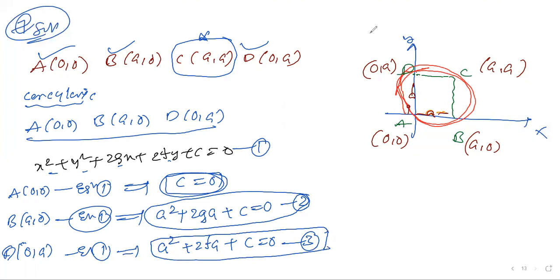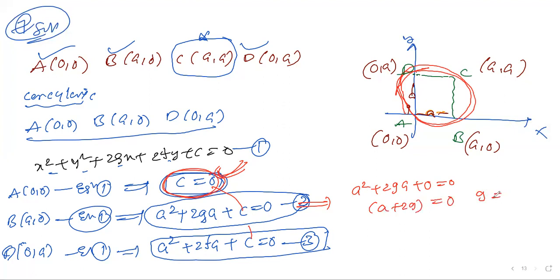So substitute the value of c. Already you know c is equal to 0. One value has already appeared, so c you substitute here, here, and here. Therefore the equation becomes a square plus 2ga plus 0. So if you take a common, what are you going to get? a plus 2g is equal to 0.